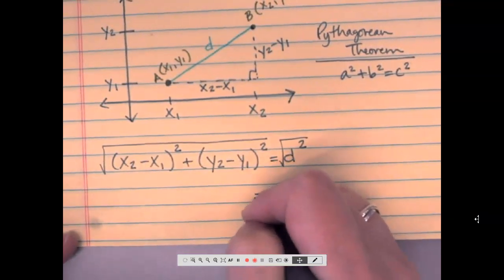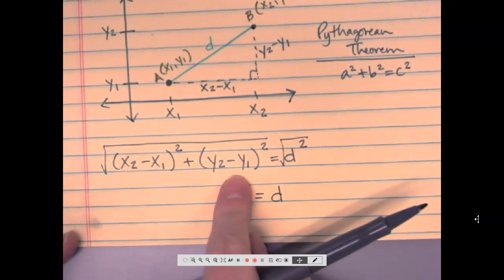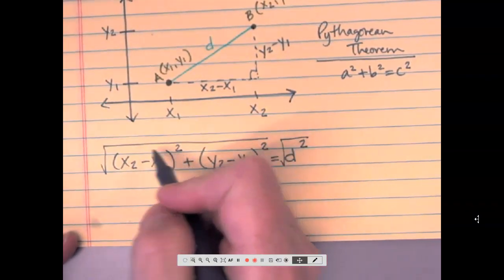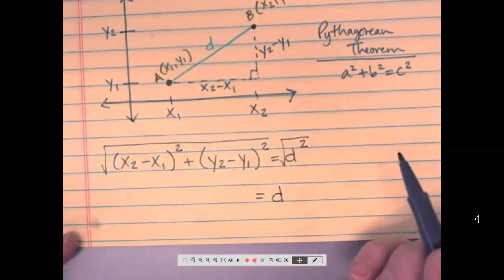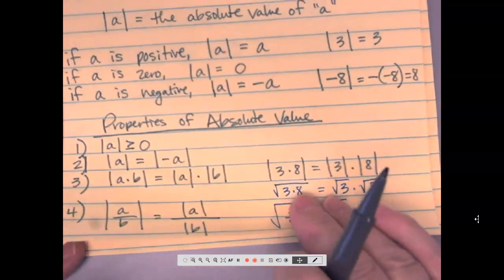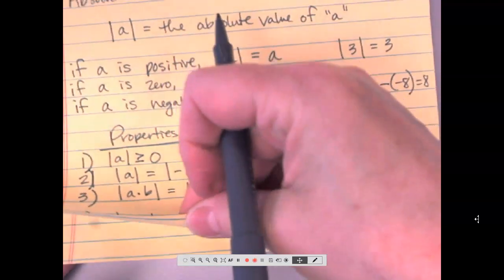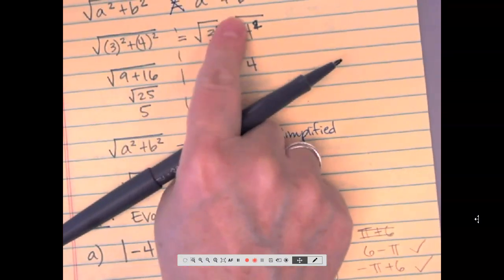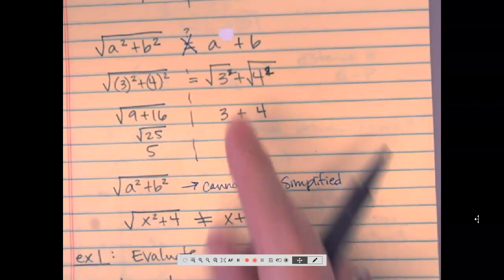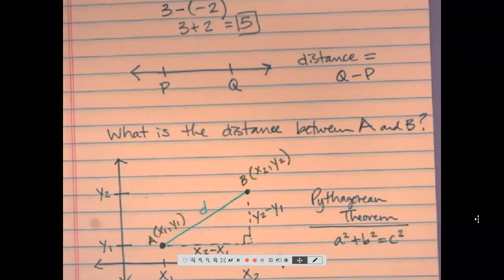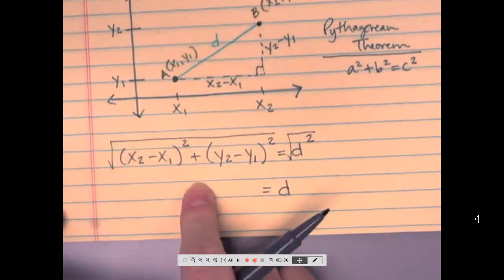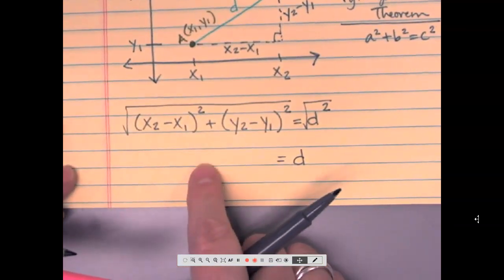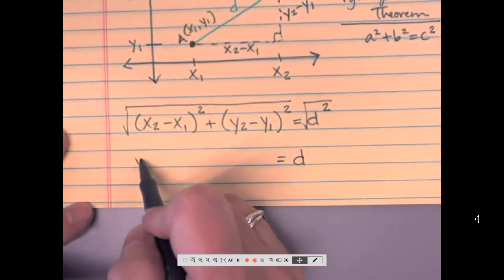So I get d equals, can I simplify these? Can that square and square root cancel? No. Remember what we just talked about up here where I said, no, we can't just undo both of those terms like that. So this stays. Unless I know what x1, y1, all that good stuff equals, it stays.